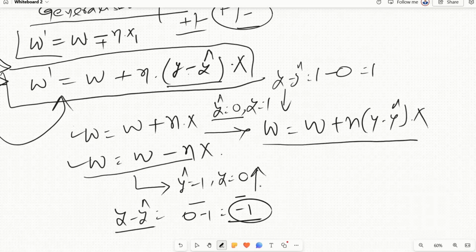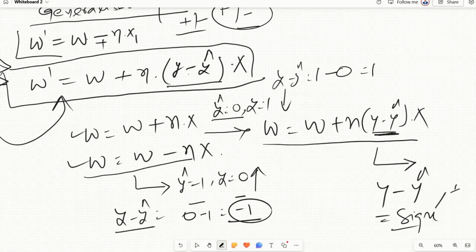So depending upon the case, y minus y predict automatically gives me the sign, either positive or negative, depending upon whether we have to do rotation in the upward direction or in the downward direction.